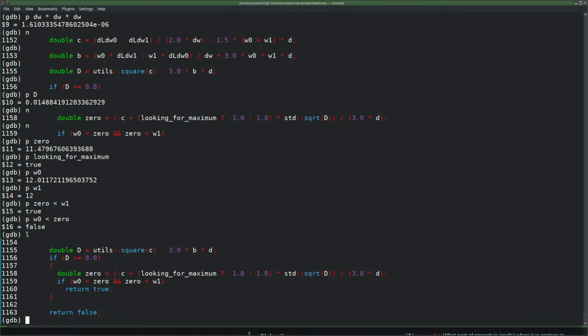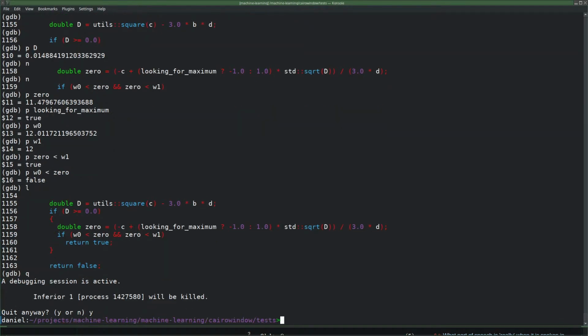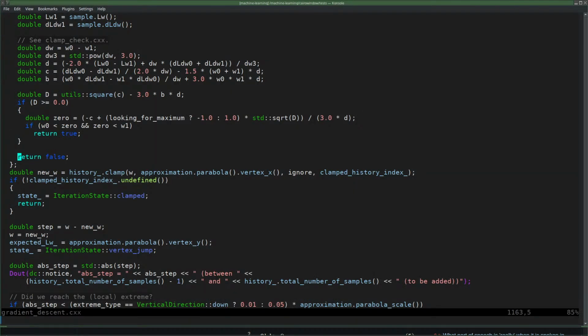Yeah, I'm brilliant. But there we found the bug. If there is not a minimum, then it should be ignored. Okay, so this must be true. And this must be false.